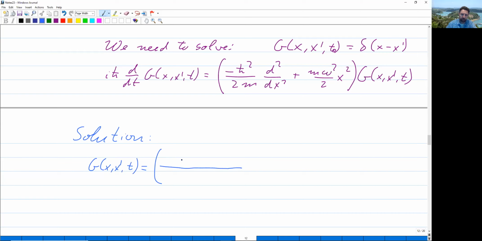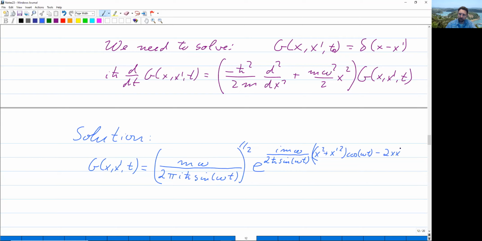It's quite an expression here. m omega over 2 pi i ħ sin of omega t, all of that to the power of 1/2, and then e to the power of i m omega divided by 2 ħ sin of omega t, and then x squared plus, oh, there's another bracket here, x squared plus x' squared times the cosine of omega t minus 2 x x'.